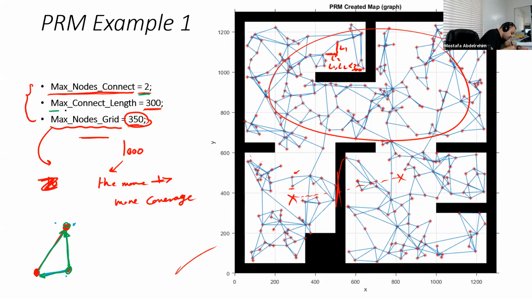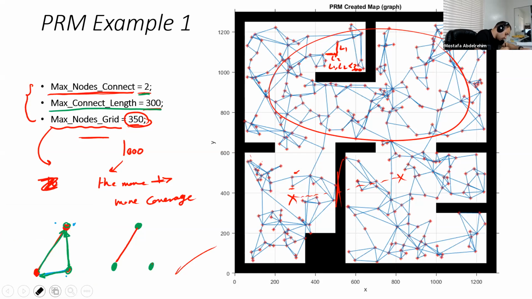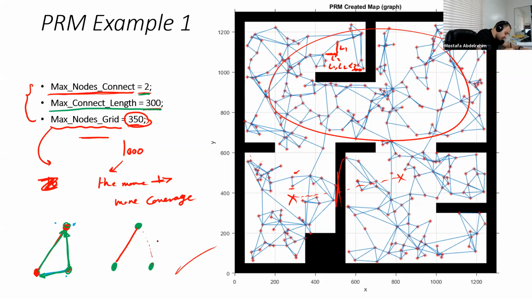And finally, the maximum connect length also has the same effect. Again, for example, we have 2 nodes from the beginning, then we generated this new one. Let's assume this distance is, for example, 400, and this distance is 250.